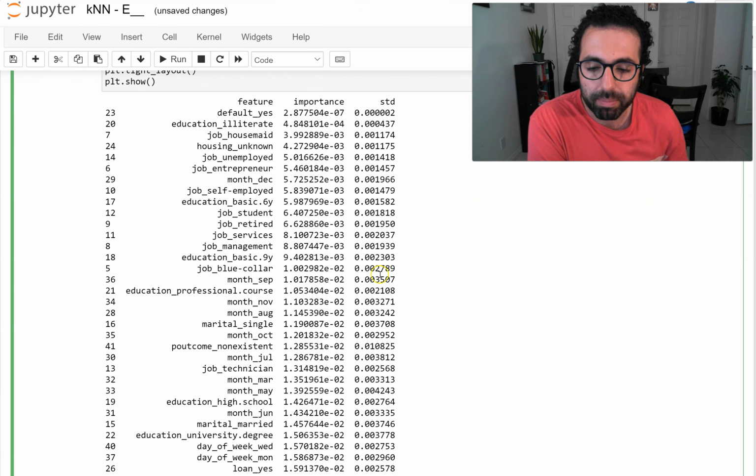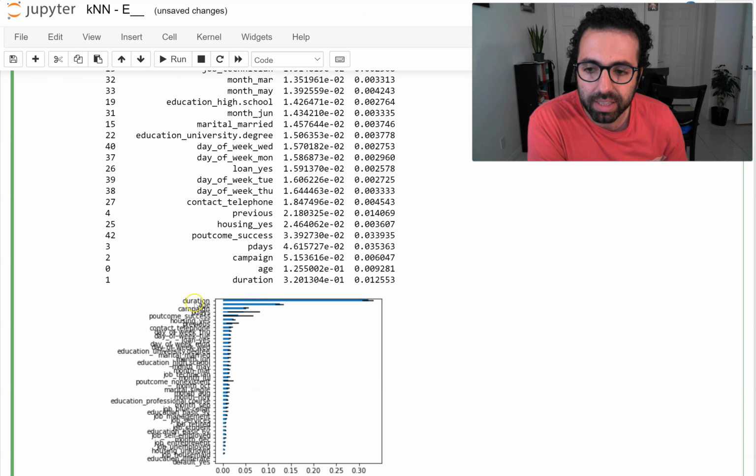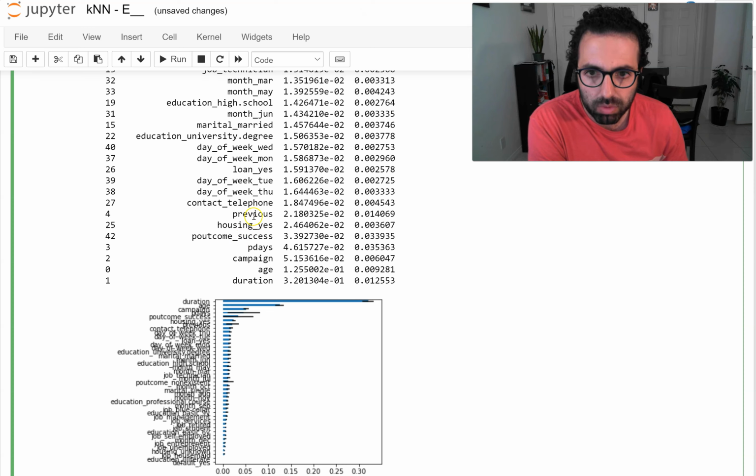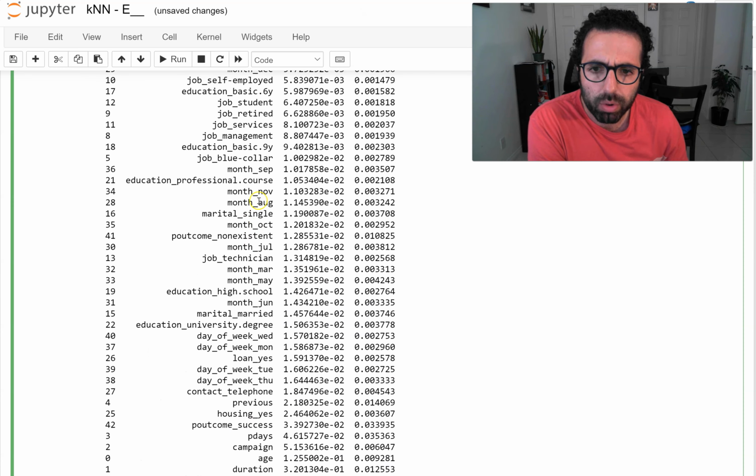And once we get the output and the result here, we will see that the duration, age, campaign, and so on and so forth have a value and importance in prediction and classification of the subscription. So let's use the cutoff point of 1% as being enough to stay for our classification here.